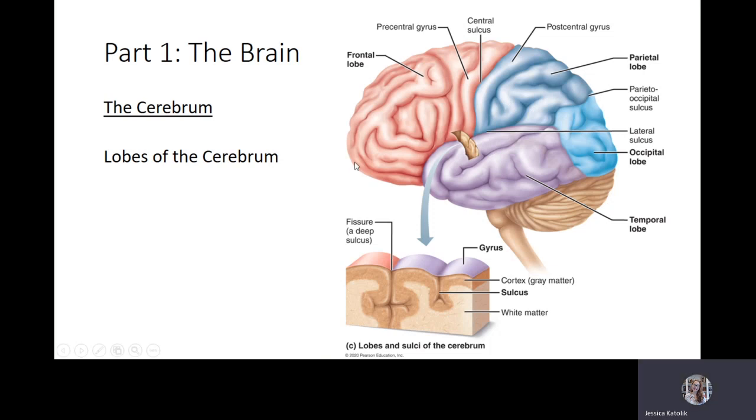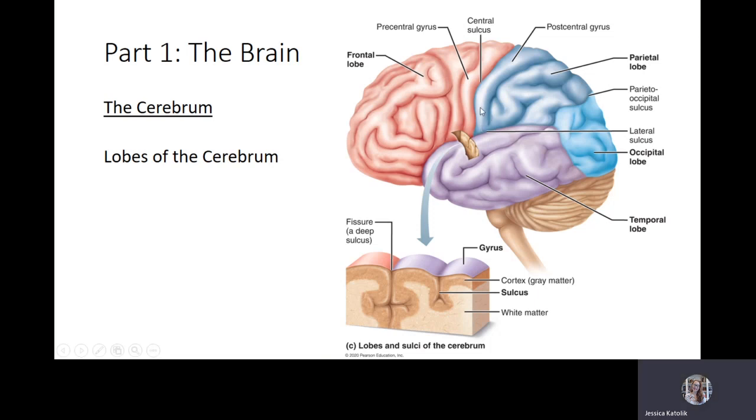On this diagram, you can see the frontal lobe, the parietal lobe, the occipital lobe, and then the temporal lobe. The temporal lobe is separated from the other lobes by the lateral sulcus. Note that these lobes get their names because they are named after the bone that they lie under.